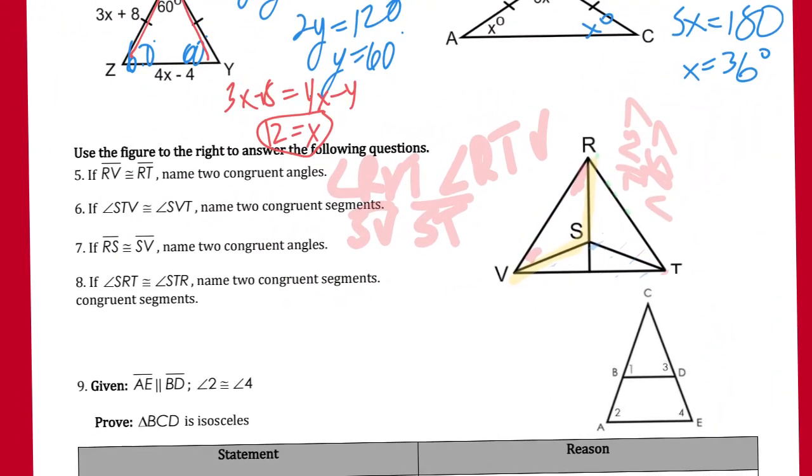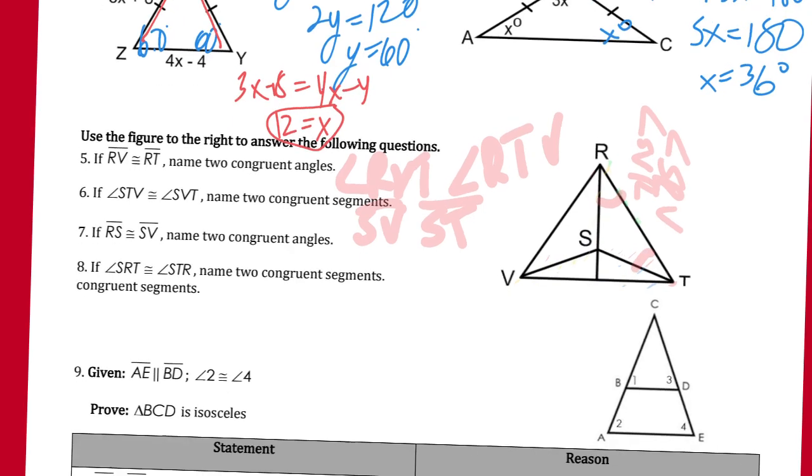And then, what if I've got, let me erase this. How about if angle SRT is congruent to angle STR over here? Let's turn the corner.